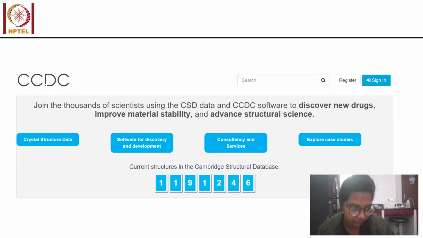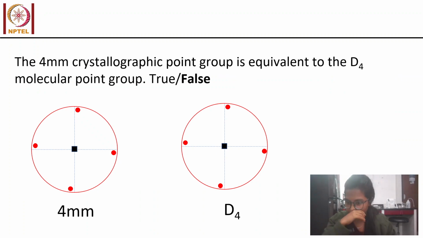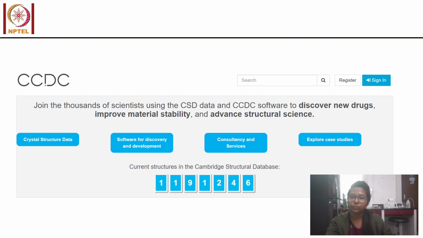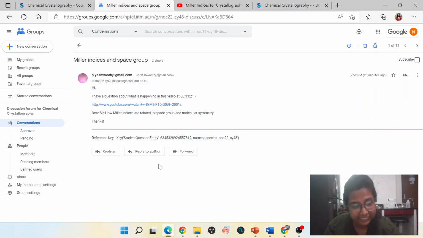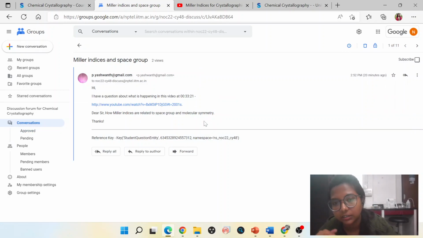Okay, then we will proceed to the next. You also sent a mail, so let me open it. Actually, Miller indices are not really connected or related to space groups and molecular symmetry.